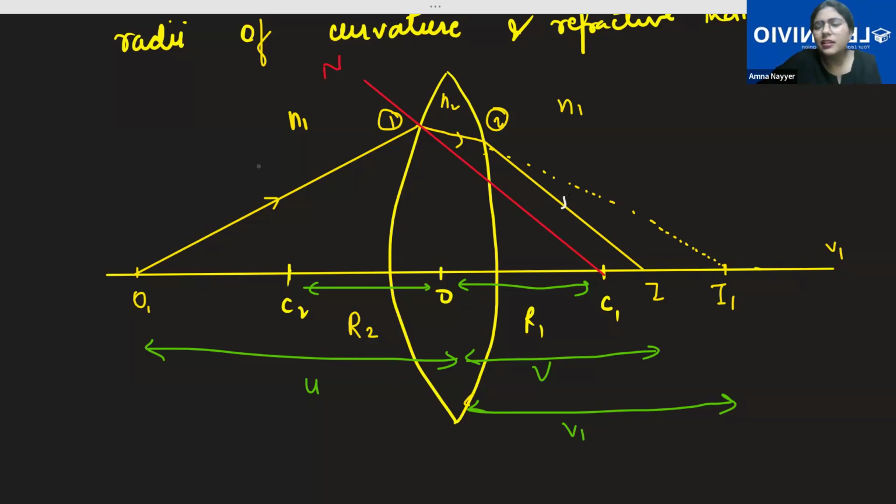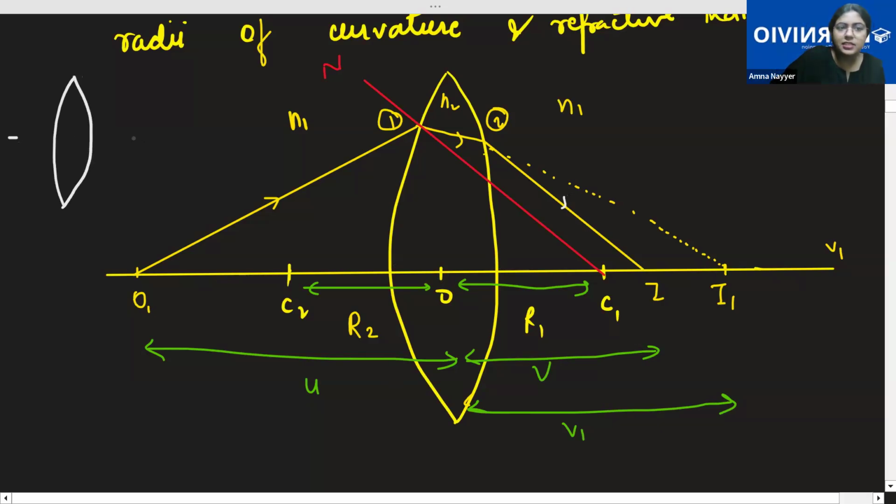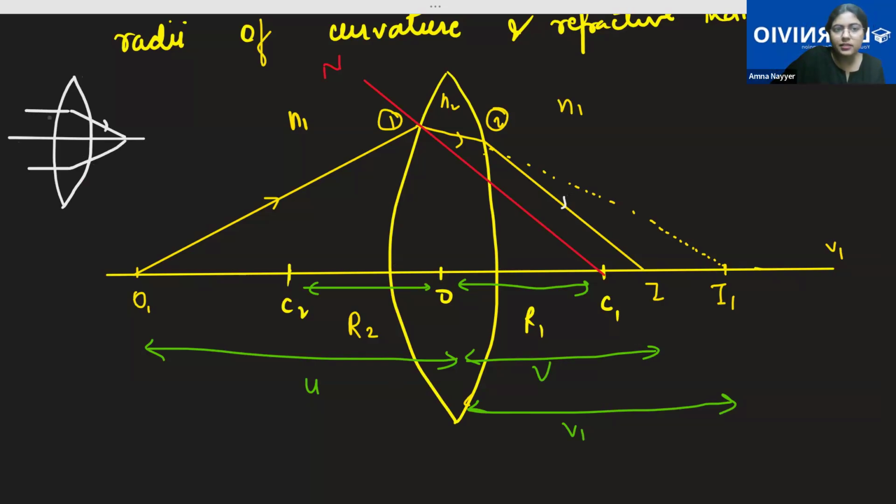But the curvatures, the distance, and the separation of the optical center to the poles are very small. So if I have this as my convex lens, I'll draw it like this. This is how you have to draw the ray diagrams of image formation. You don't have to show the refraction because the refraction that occurs twice is insignificant. So you can just draw it like this.